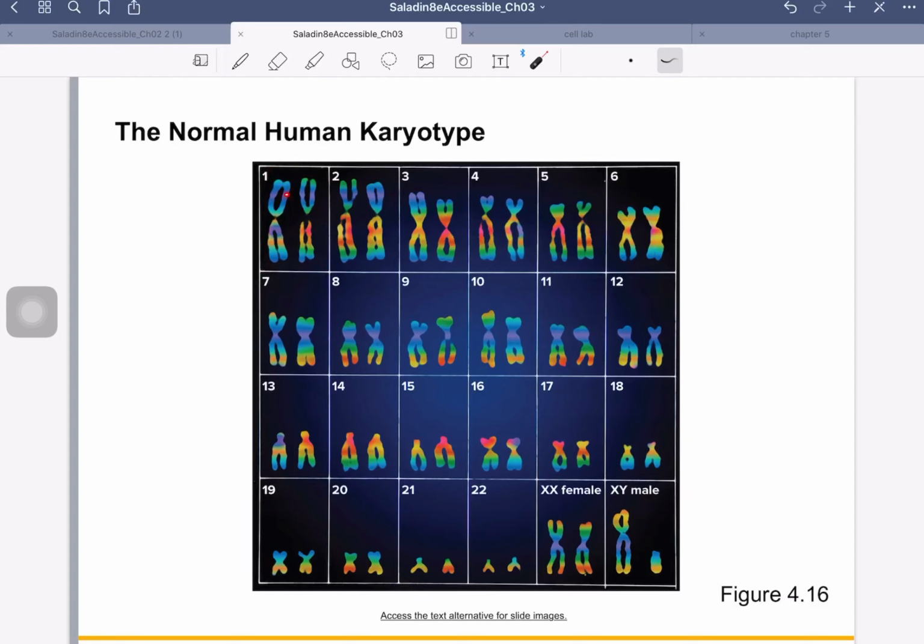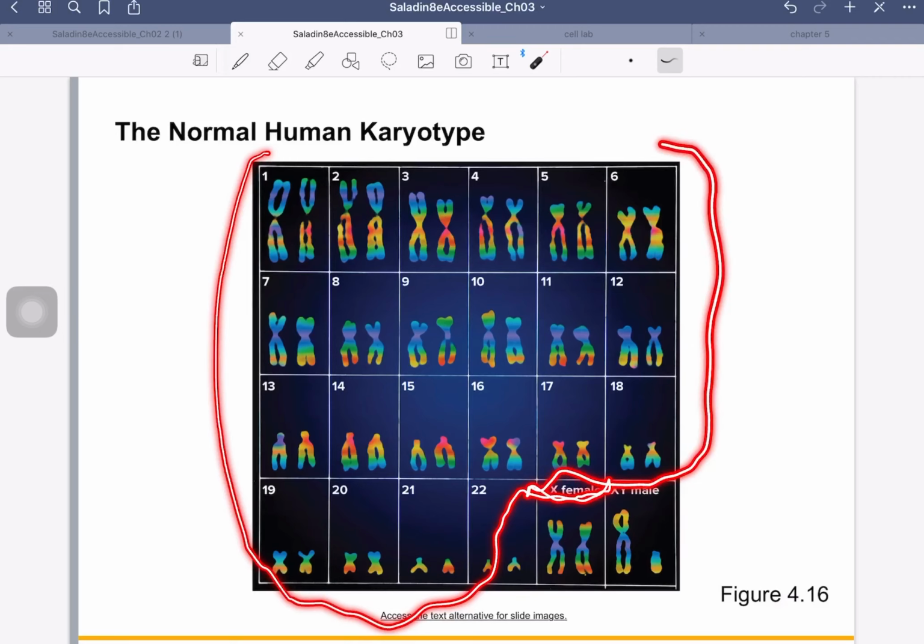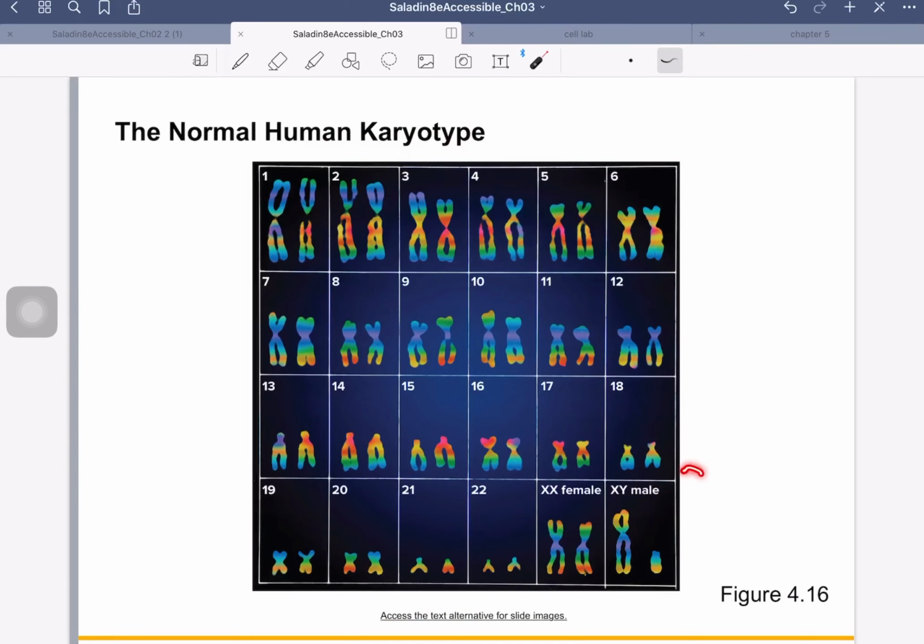And as I said, homologous chromosomes suggests that they have the same alleles or coding regions on them for the same traits. And here, pairs 1 to 22 are the autosomes, and the X and the Y are considered the sex chromosomes.